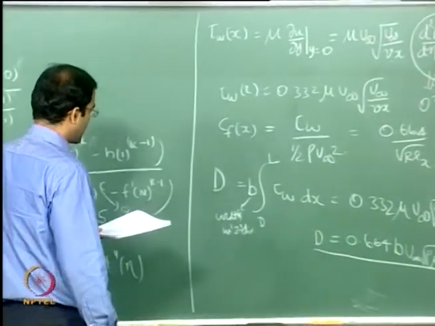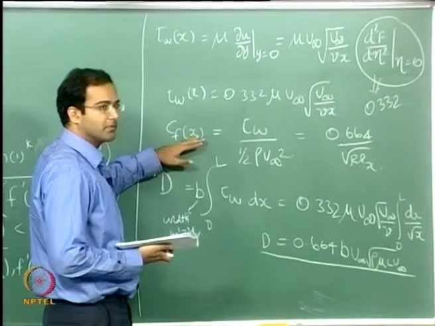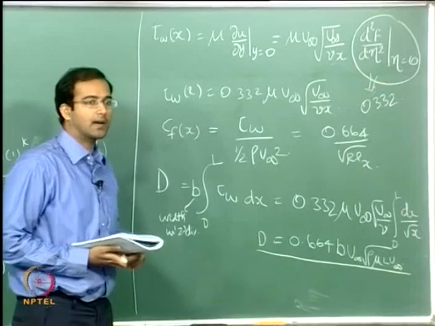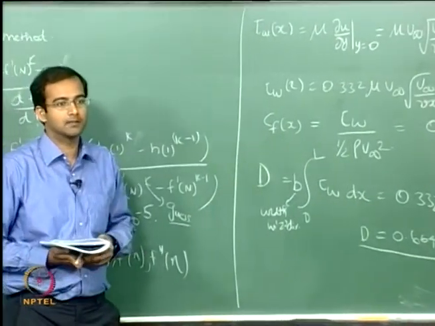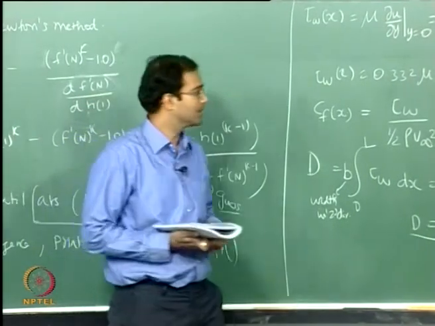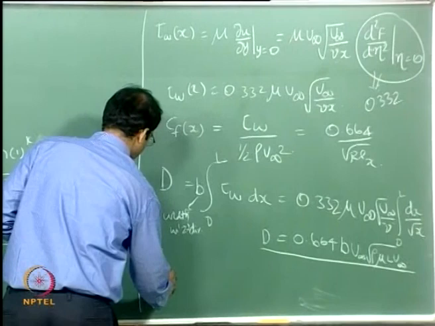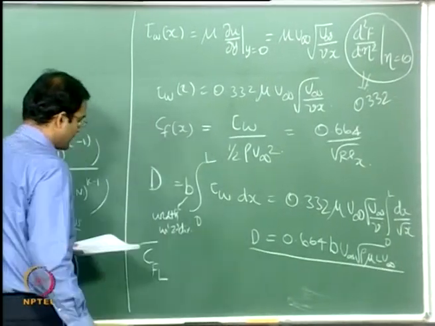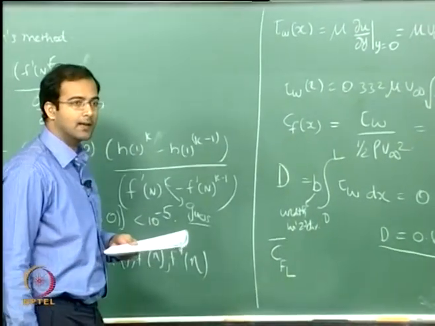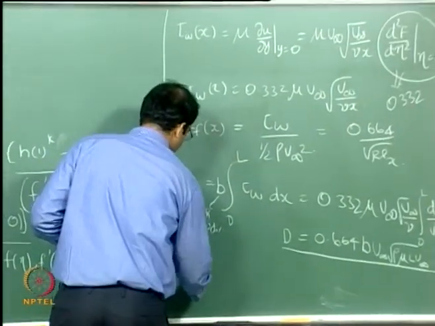Rather than looking at the local variation of the skin friction coefficient, I can calculate an average over the entire plate. Sometimes people report in terms of the average skin friction coefficient. So I would like to average it over the entire plate. I will call this CF based on x equal to L, and the over bar indicates average here. So how do I average?